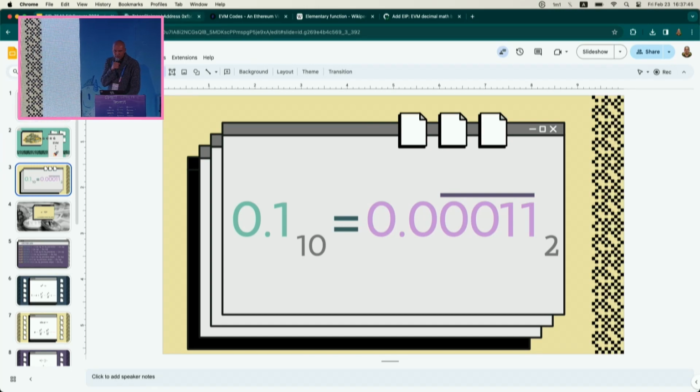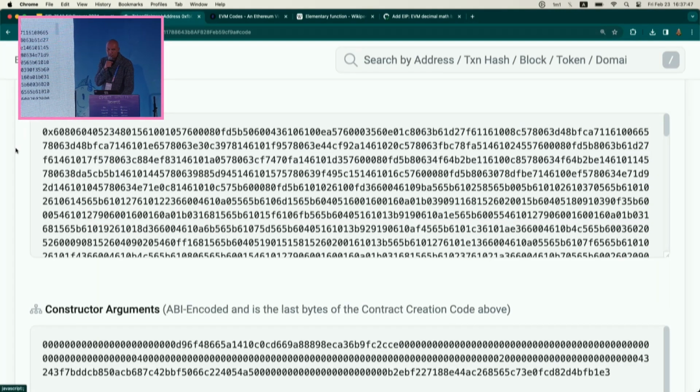In fact, if you look at blockchain smart contracts that you've probably seen, then this here is a representation of a smart contract, and it's all numbers. Numbers represent data that we want to manipulate, and numbers also represent algorithms, change of data, how the data should be manipulated to get some desired result.